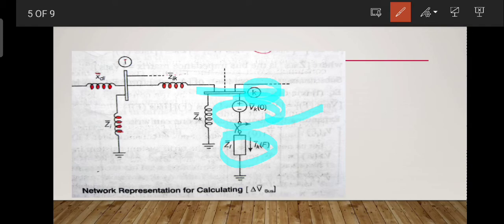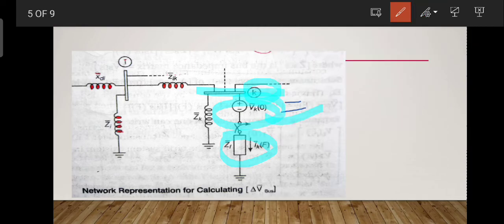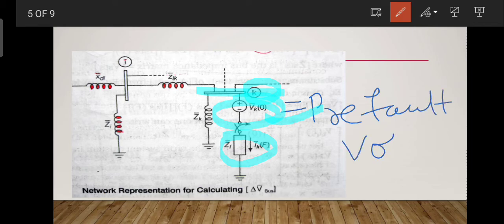Pre-fault load flow provides the information about the pre-fault bus voltage. So this is also called our pre-fault voltage, V_K0, the voltage vector.